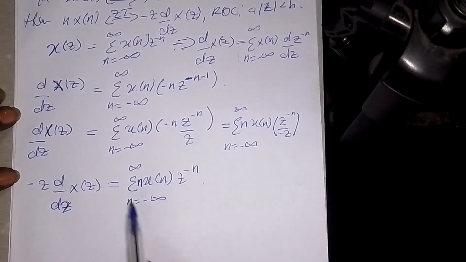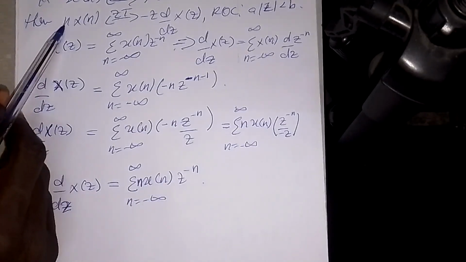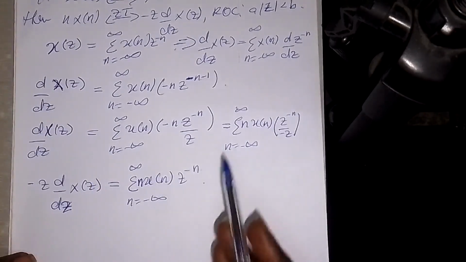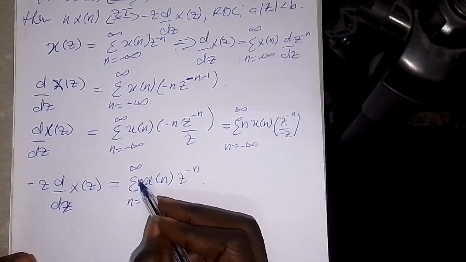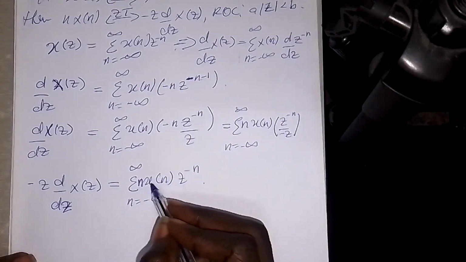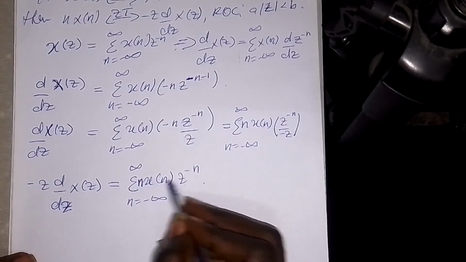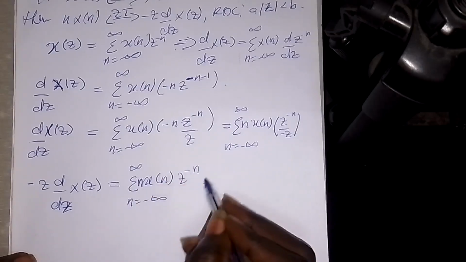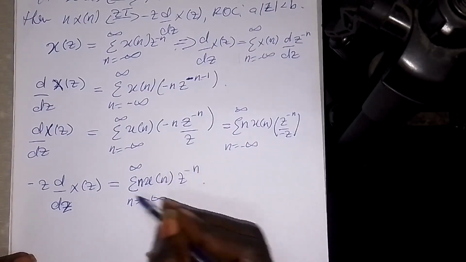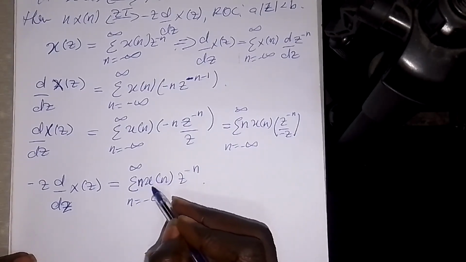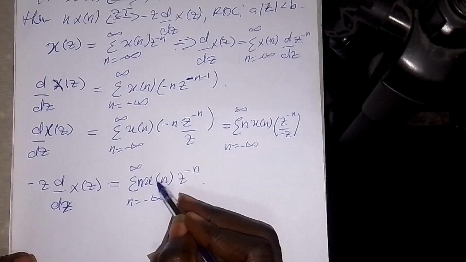Now you can see that except for this n, all the terms here are for X of Z. This formula is the formula for the Fourier transform, which gives X of Z, except for this n, and we know that X of Z also gives X of n.